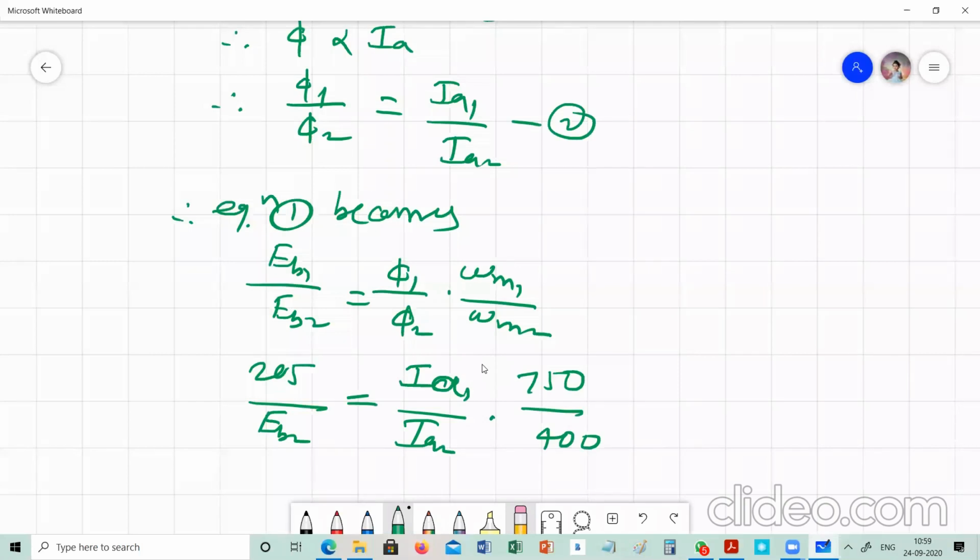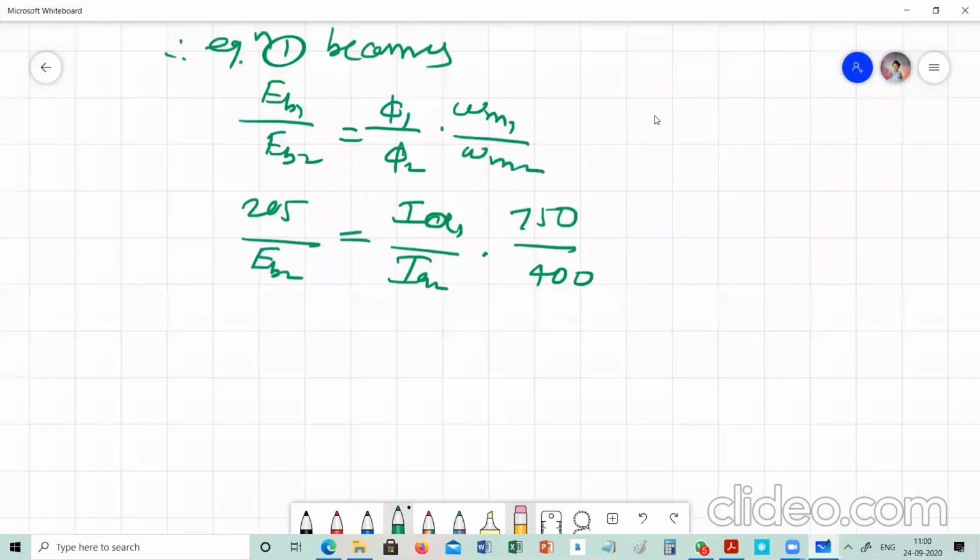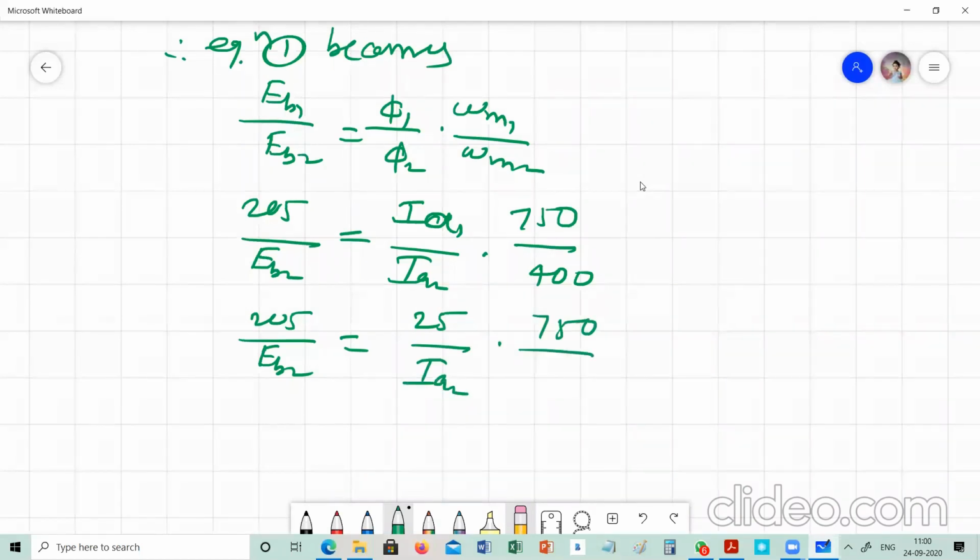IA1 is also known, so this equation will become 205 by EB2 equal to IA1, which is 25 ampere, divided by IA2 into 750 by 400. Okay, this is equation number 2.